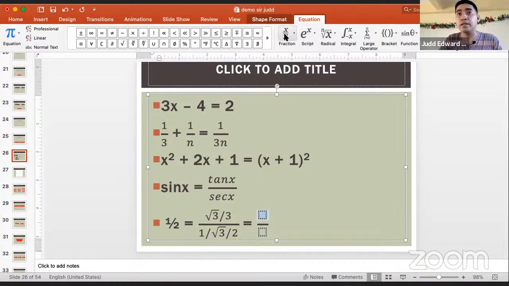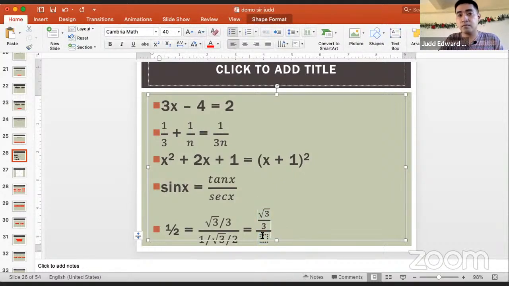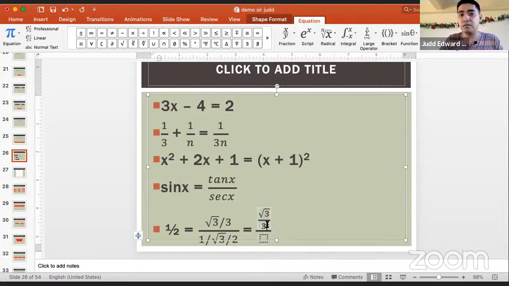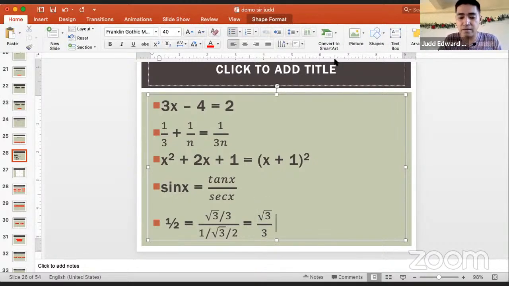So for this one, ito ay magiging square root of 3 over 3, and then sana pala hindi ko na inano. Square root of 3 na lang agad lagay ko dito. Okay, square root of 3 over 3, and then i-multiply natin siya.